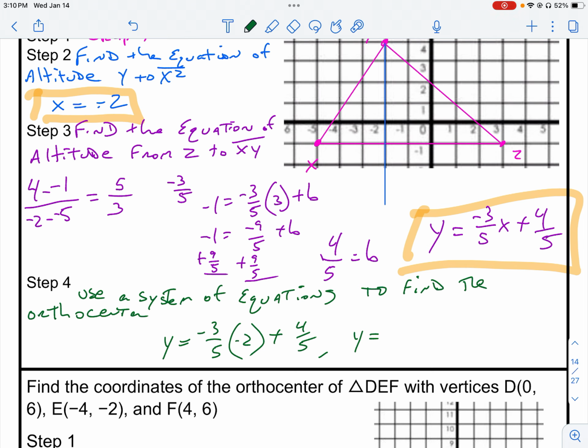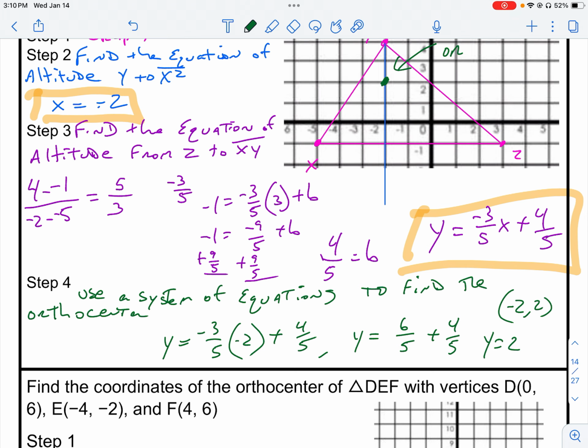So y equals positive 6/5 plus 4/5. So y equals 10/5 and y equals 2. So my orthocenter is at (-2, 2).